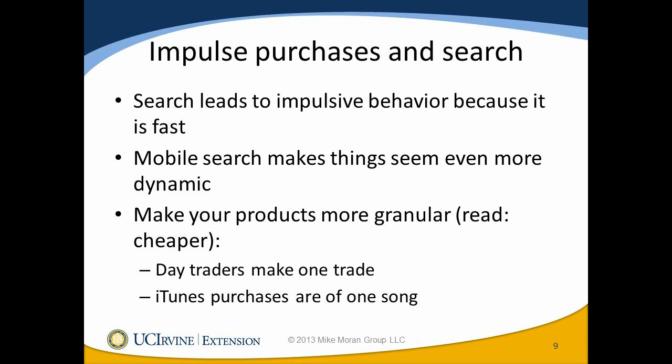If they come to a search engine, search for something, and find it, they're going to immediately try to follow through on their impulse. So if you are trying to persuade people to buy on impulse, it's really important that you have the top search results for your site, because otherwise those impulsive people are going to go somewhere else.